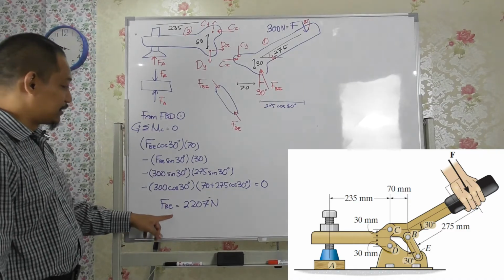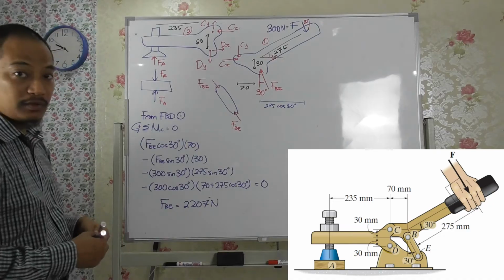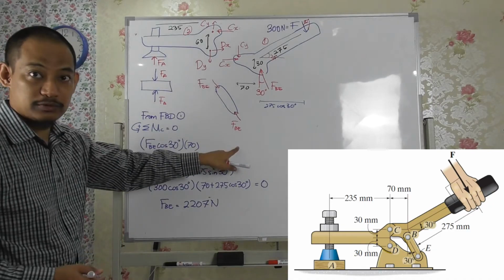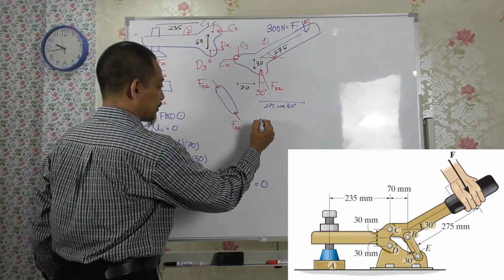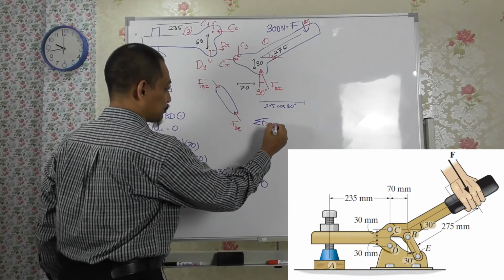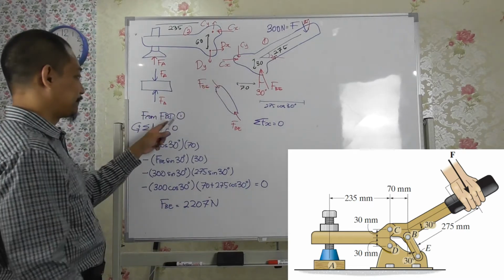So if you already have this, then you can calculate Cx, right? Enough space? Can I do this one? All right. Based on that, I can do the summation of Fx equal to 0, still using free body diagram 1, right?